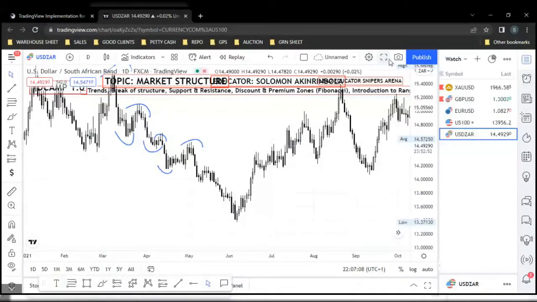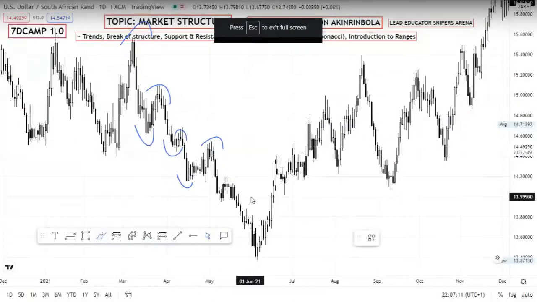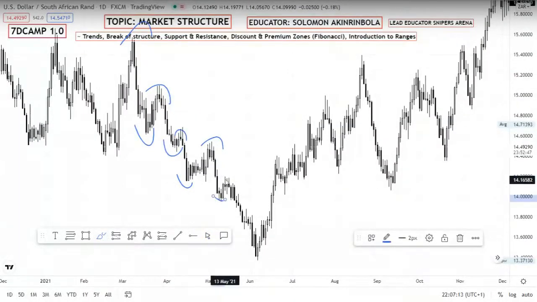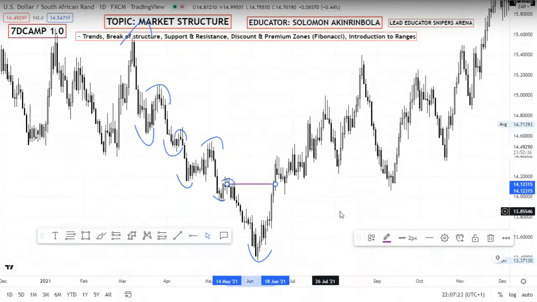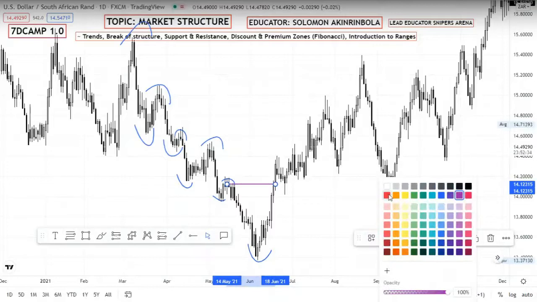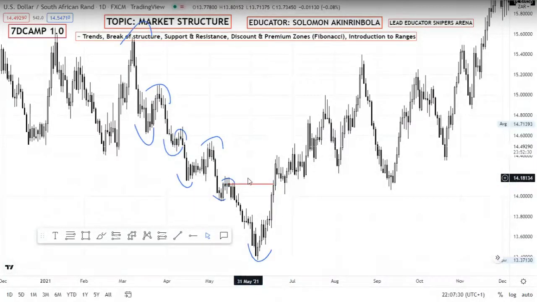So lower low, lower high. It was a lower low. And what else happened? Break of structure. Break of structure here, you see?